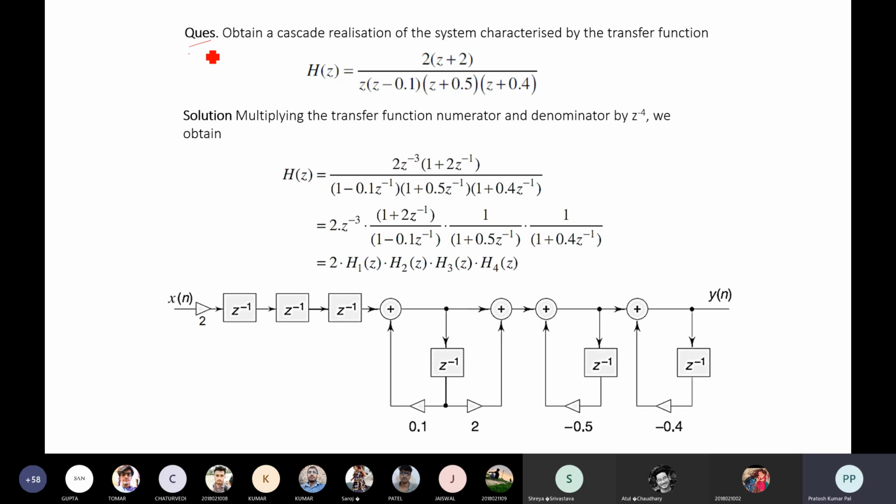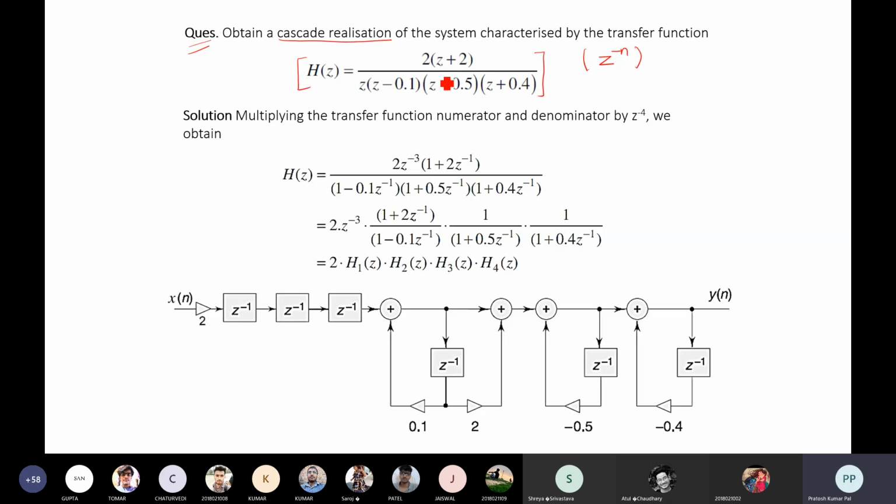Suppose a question is like, you need to obtain a cascade realization of the system characterized by this transfer function. First of all, to realize a system, we have to write it in terms of negative powers of z.